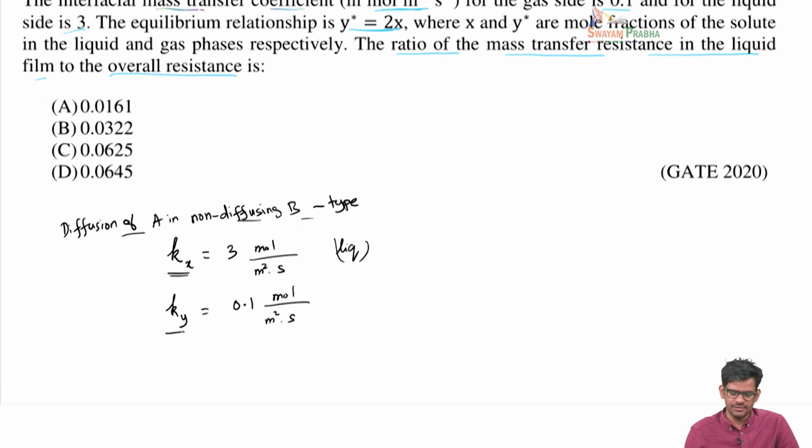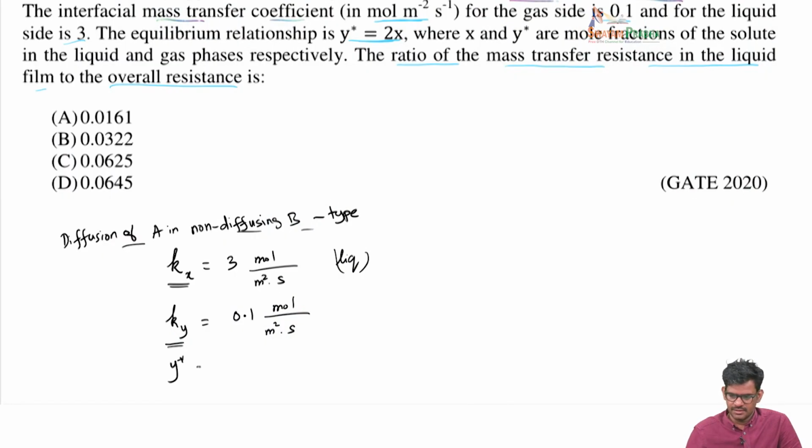Similarly, I am using for the gas phase small ky, because y is the mole fraction in the gas phase and the units are also the same, okay. So here I infer, based on the type of mass transfer as well as the concentration units and the mass transfer coefficient units, what symbol I should be using, okay.